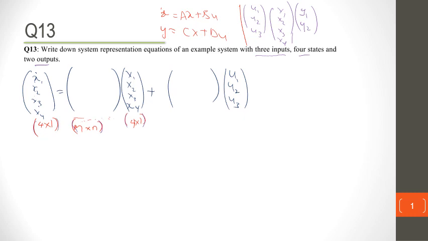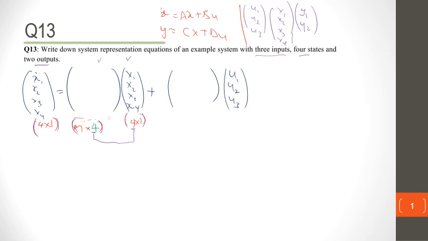From our matrix calculation rules, for these two matrices to be multiplied, we need this n to be the same as this value. So we already know that this is supposed to be 4 as well.